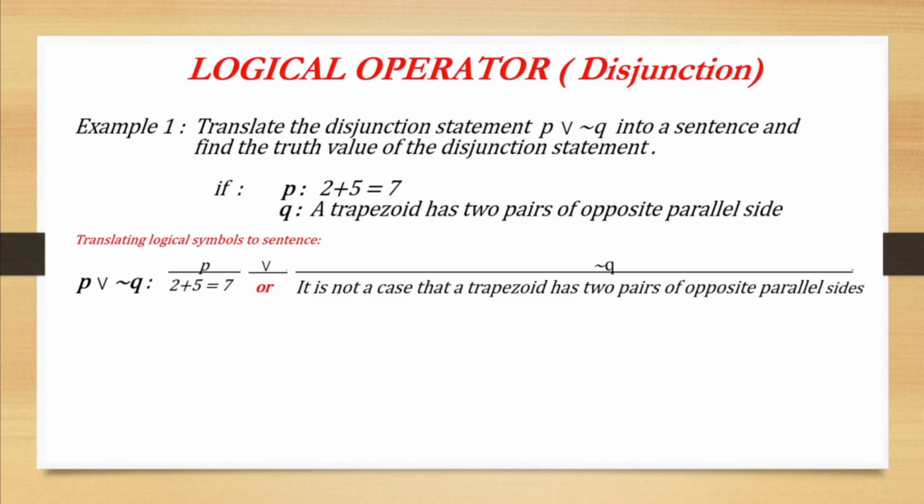Then we can say that the statement of the given logical symbol is 2 plus 5 is equal to 7, or it is not the case that a trapezoid has two pairs of opposite parallel sides.